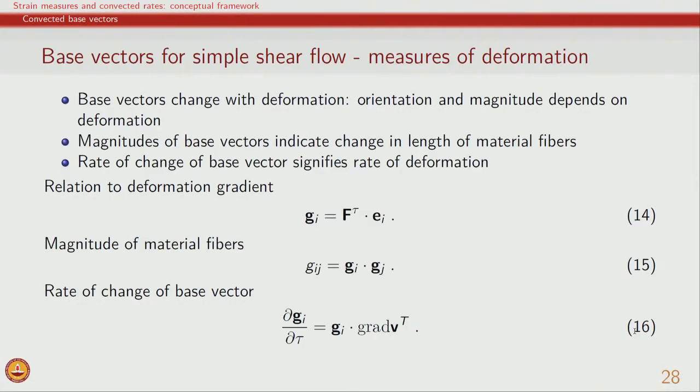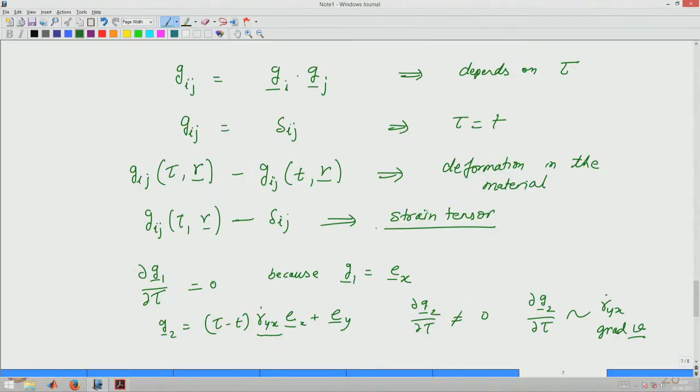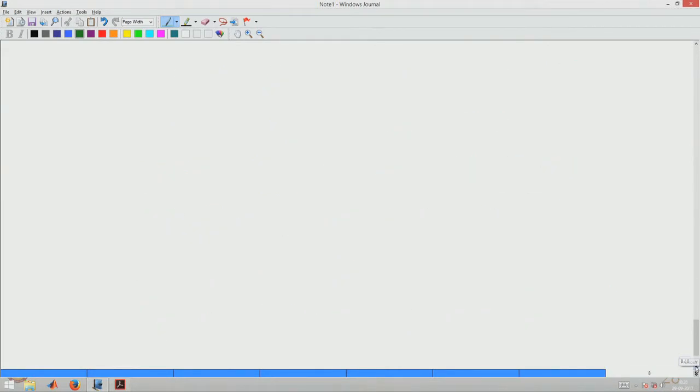So, in terms of summary of these base vectors and how they are measures of deformation and rates of deformation, the relation to deformation gradient is just based on finding out a component based on the definition, and we had defined this for a simple shear case.